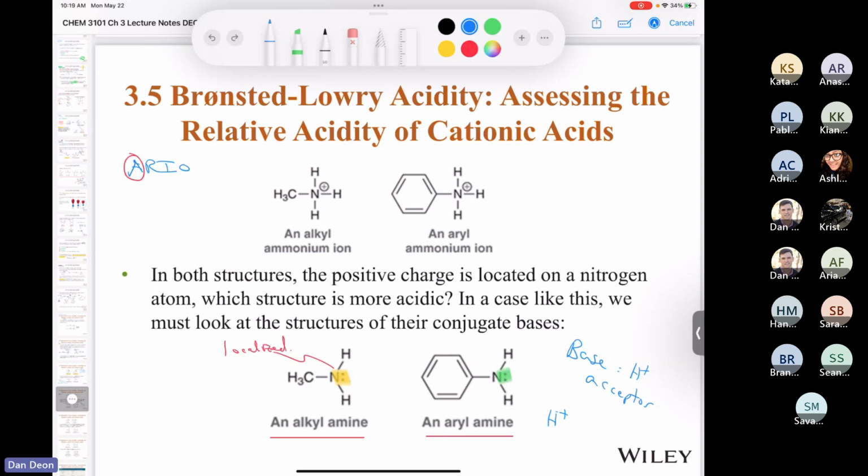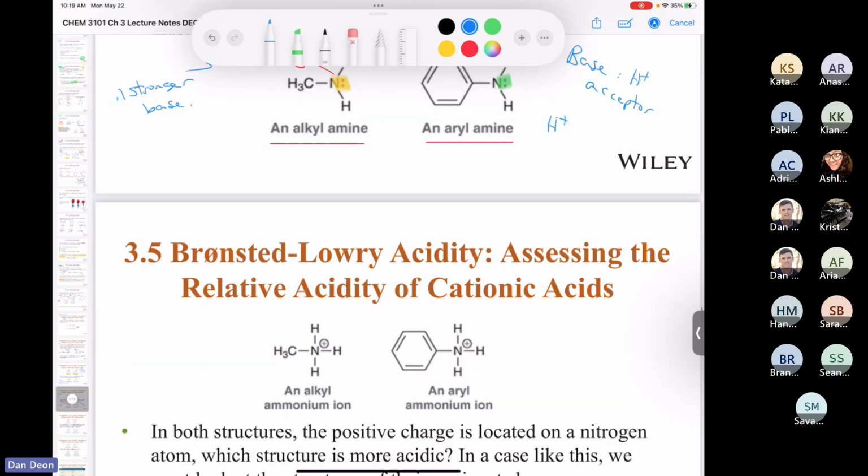Well, the localized lone pair is going to be much more available to attack a proton, and therefore it's going to be the stronger base because the lone pair is localized. So I'll put here localized, therefore stronger base because the lone pair is available to attack a proton, whereas the lone pair on the nitrogen of the arylamine is delocalized, so it's not as available.